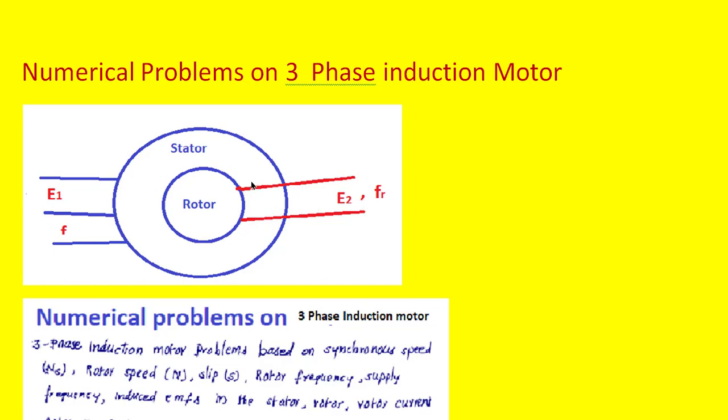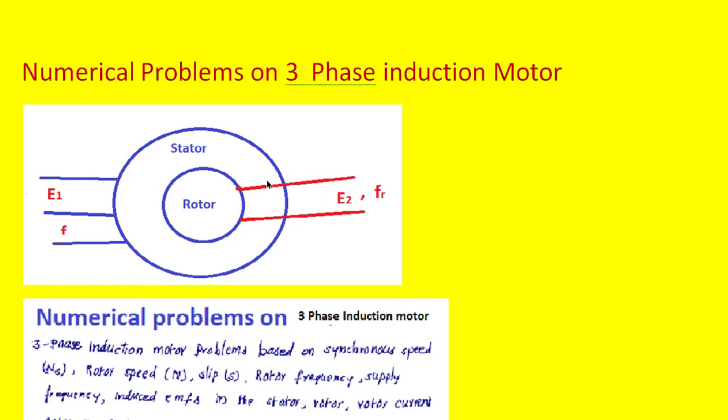The rotor induced EMF frequency at standstill is exactly equal to the supply frequency, that is F, whereas under running condition its frequency is Fr, and it is related to the supply frequency by the slip: Fr is equal to S into F. Its induced EMF under standstill condition is represented with E2, and under running conditions we represent that with SE2.